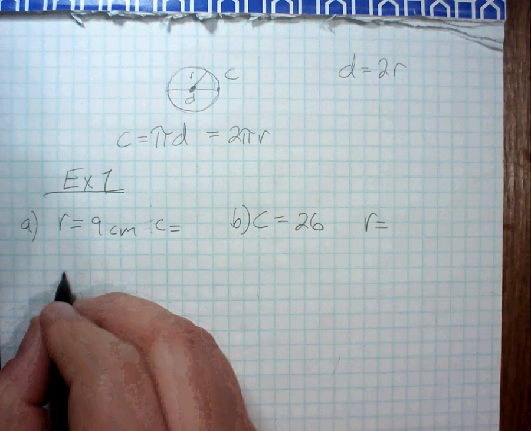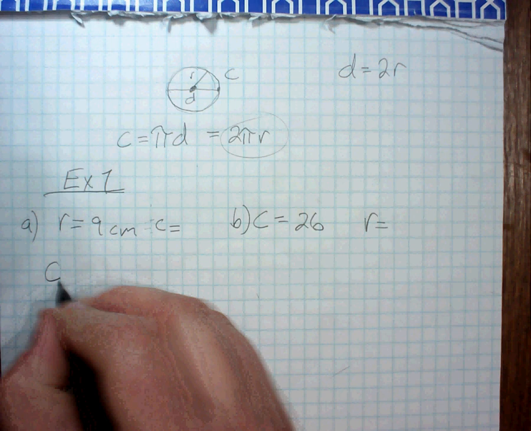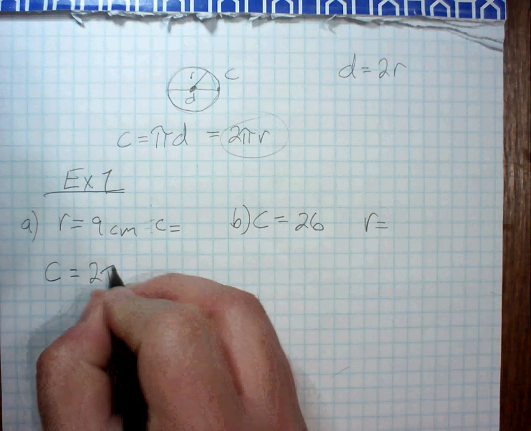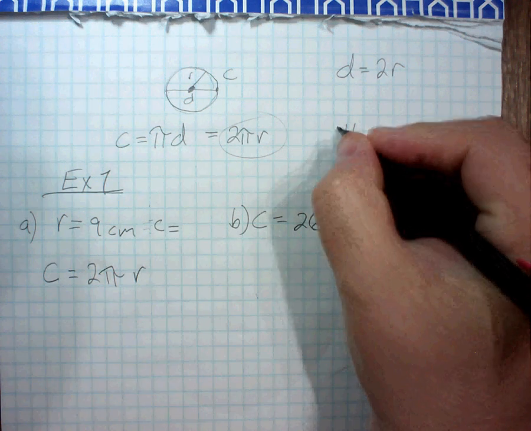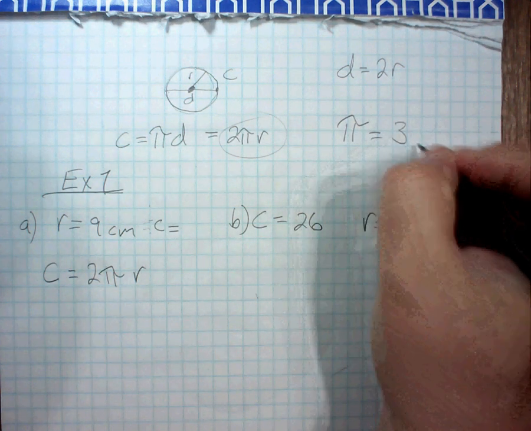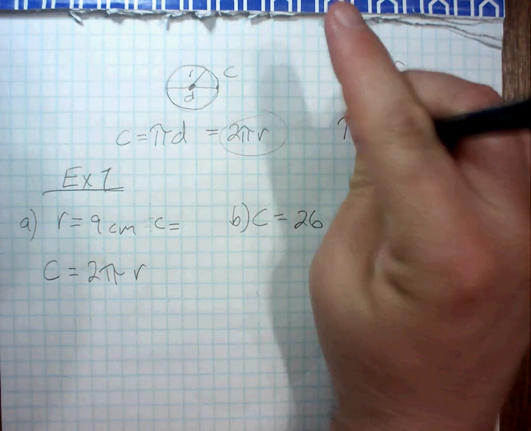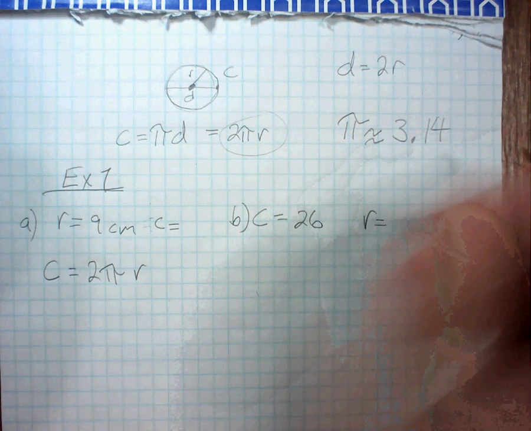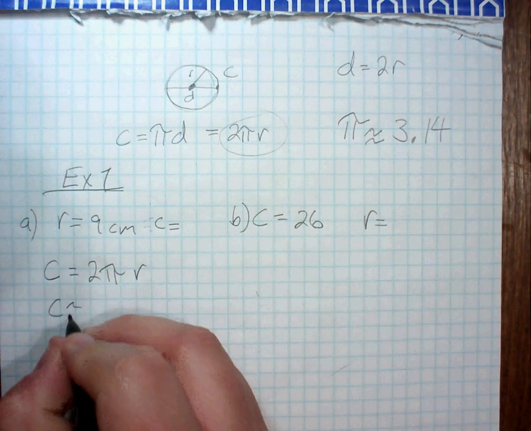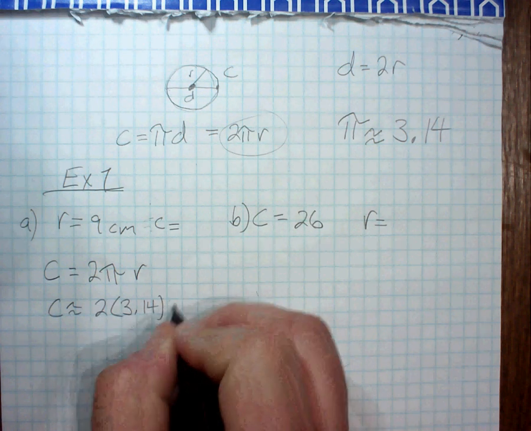So then I'm going to choose this formula. The circumference is equal to 2 times pi times r. And in case you guys have forgotten, pi is just a number, and it's approximately 3.14. So the circumference is approximately 2 times 3.14 times 9.